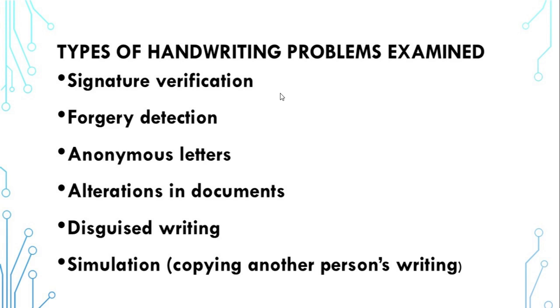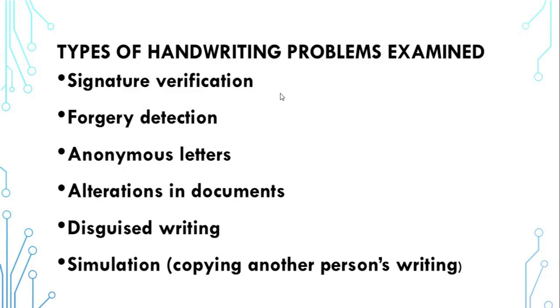The same thing with anonymous letters. That is a letter written without a name, we can analyze the handwriting of that person and link it to what he has written before, or use it to eliminate a suspect.